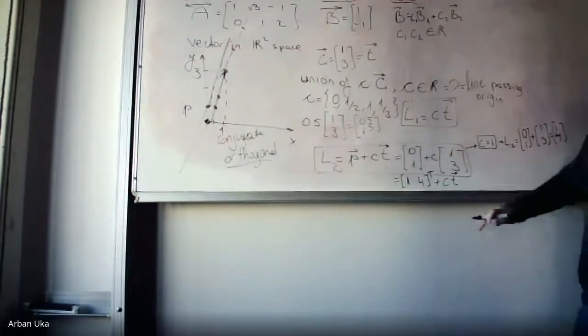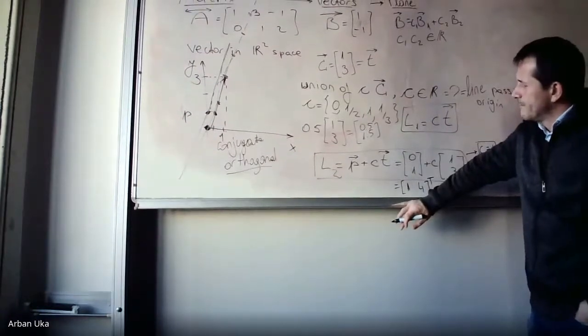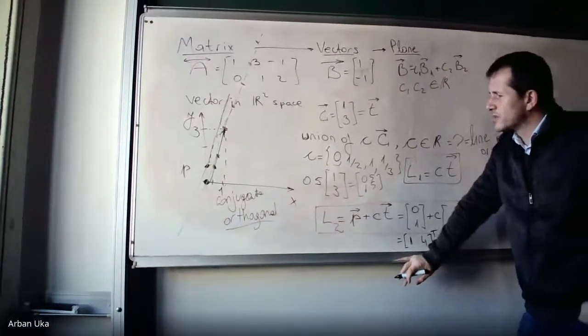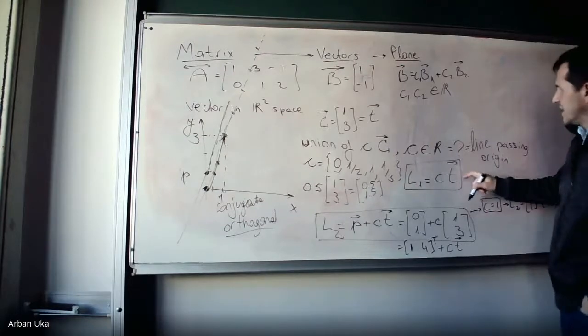This is how we can define the line: a union of points that satisfy this condition.